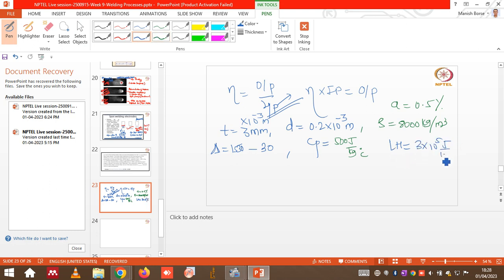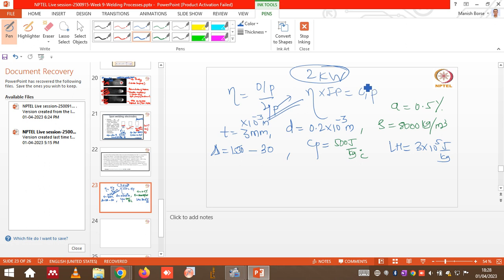The power input of the process is 2 kilowatt laser power, and they said 100% efficiency.